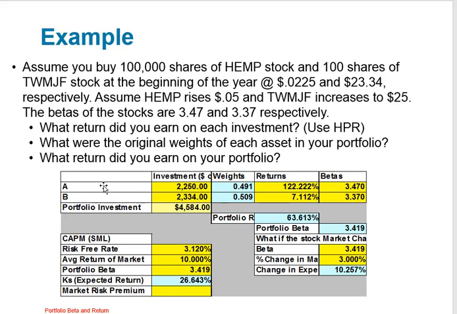Well, asset A, if you calculate the price, we'd have paid $2,250 for A, and we would have paid $2,334 for B. $45.84 is the total amount we spent, and the weights are roughly 49.1% in A and 50.09% in B. What are the rates of returns? Again, using the holding period return, we see that you actually earned 122% on A and 7% on B.